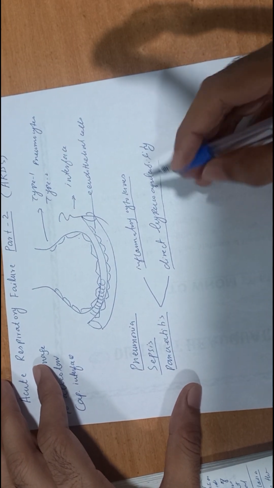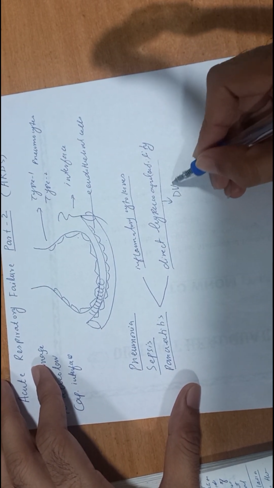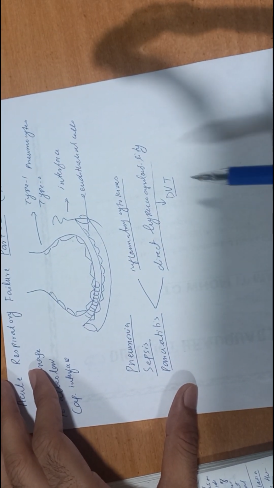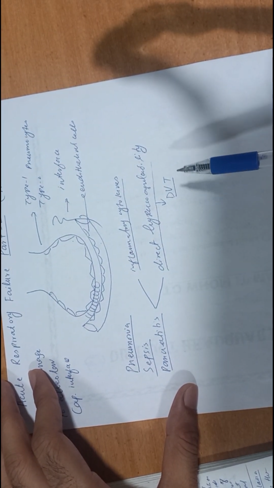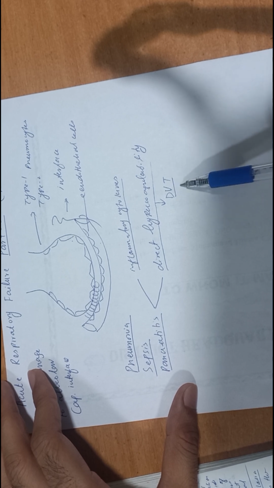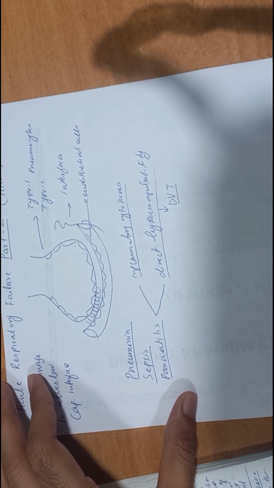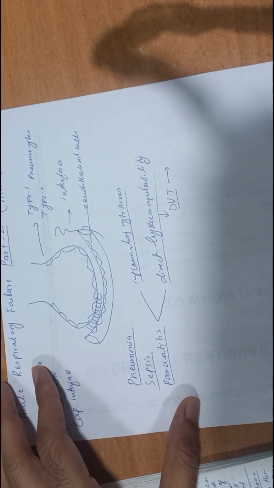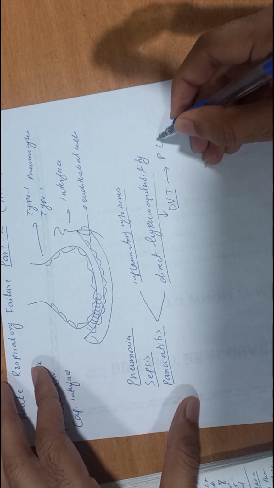That hypercoagulability leads to the formation of deep venous thrombosis, right? Because clot formation becomes very easy, it becomes very easy for deep venous thrombosis to develop. And if DVT becomes embolized, it is quite possible that the embolus may go and get stuck in the pulmonary circulation and cause pulmonary embolism.